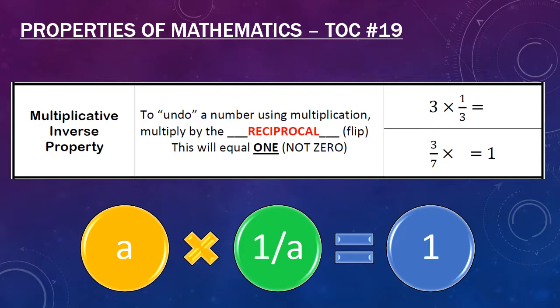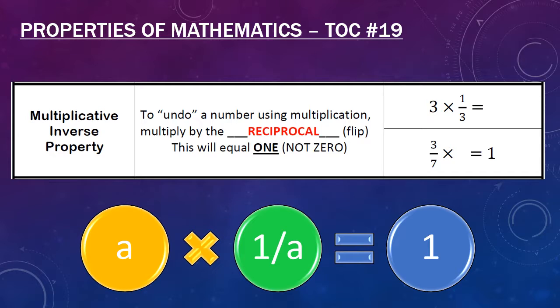Well, to divide, you multiply by the flip. So when we undo multiplication, we multiply by the reciprocal. So that's where this comes from. You're going to take what you have, flip it upside down, and multiply by that flip. Then instead of getting 0 at the end, you end up getting 1.